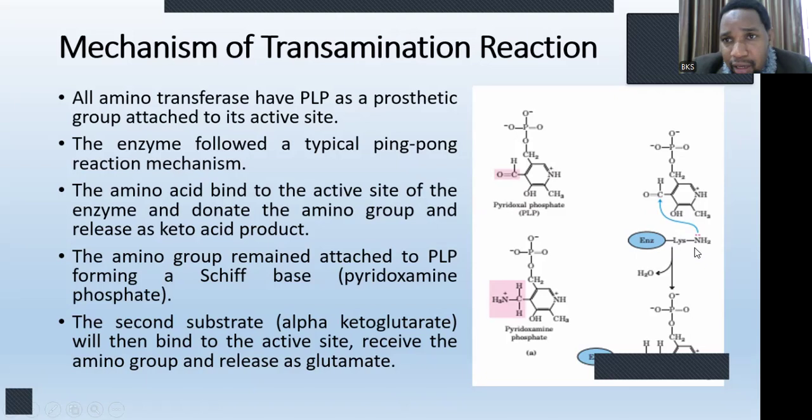The epsilon amino group on lysine is the one that interacts to form this bond with the carbonyl carbon of pyridoxal phosphate. So this is how it looks when it is formed.